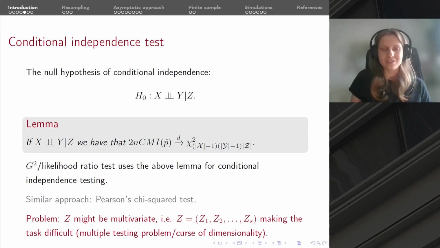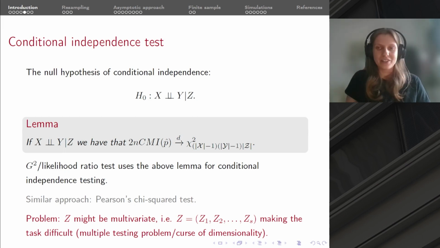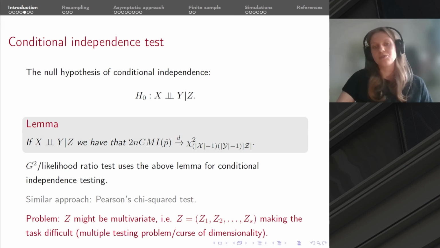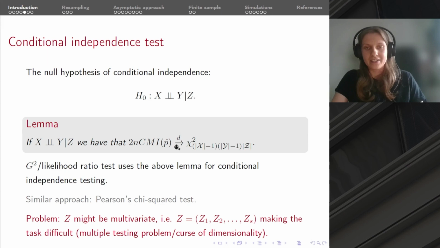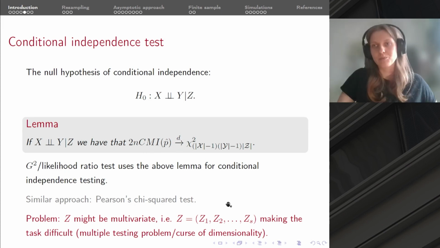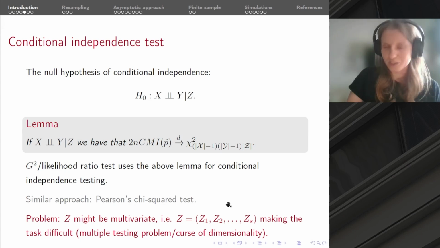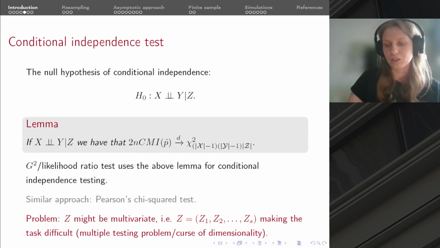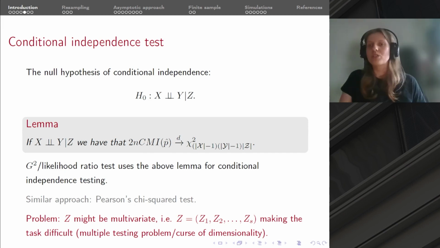Then we fall into a multiple testing problem because of dimensionality, and it is not easy to run the test, because the distribution of the statistic is usually far away from its asymptotic distribution if the sample size is small. So this is one reason why I'm going to use resampling methods.